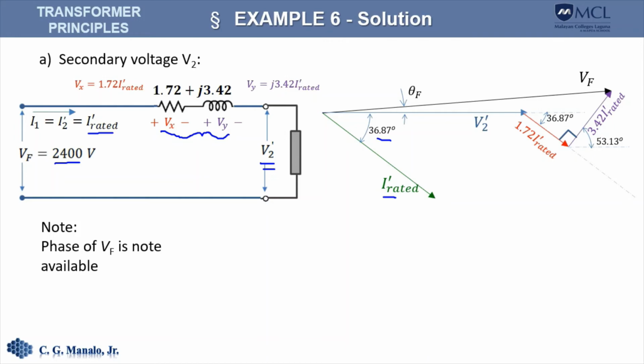So how do we then compute for V sub 2 prime?